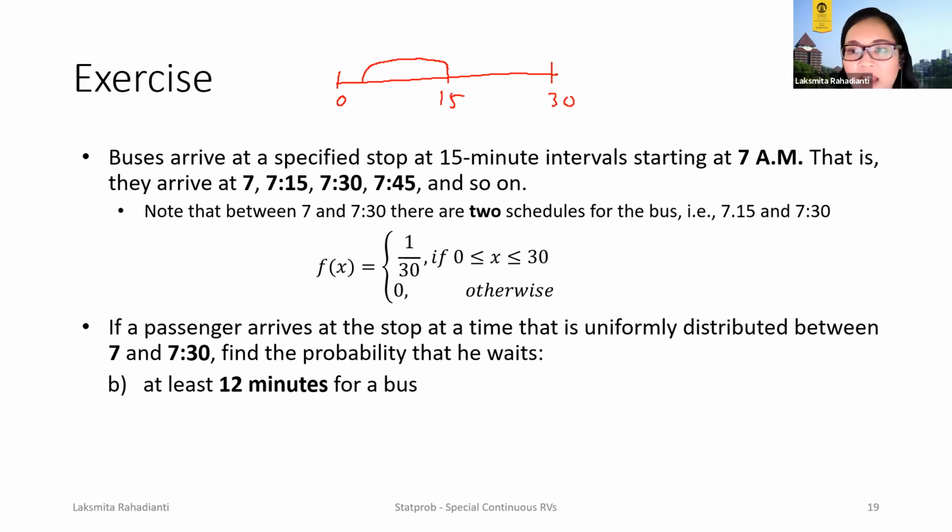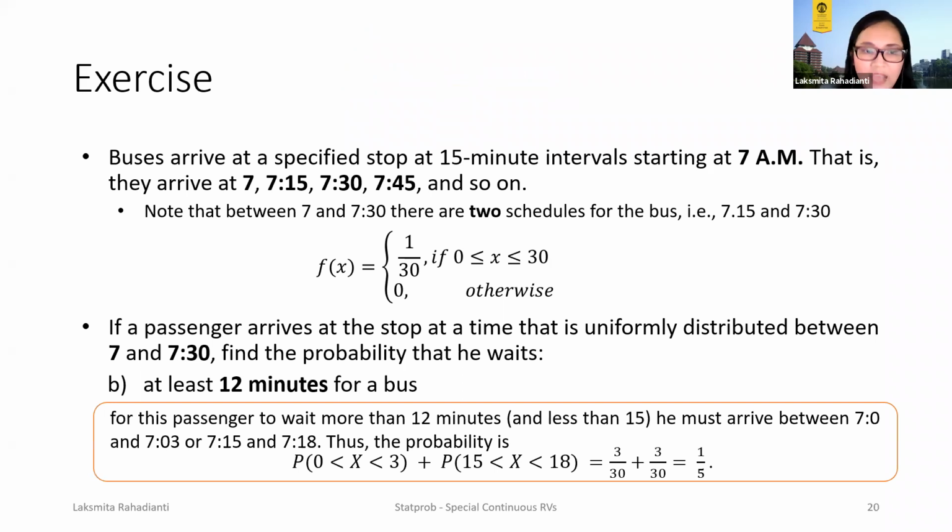So he has to arrive between 7 o'clock until 7:03 here, or 7:15 until 7:18. And this is the probability of the first one, and this is the second one.